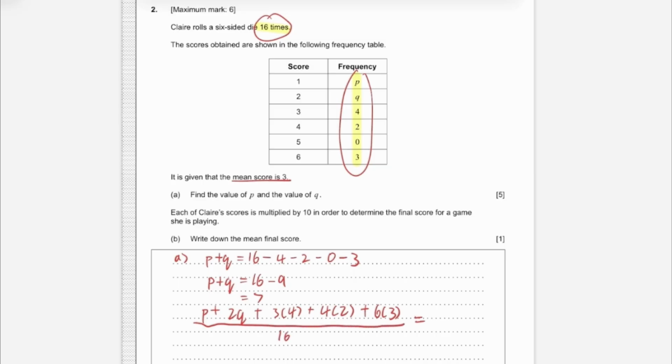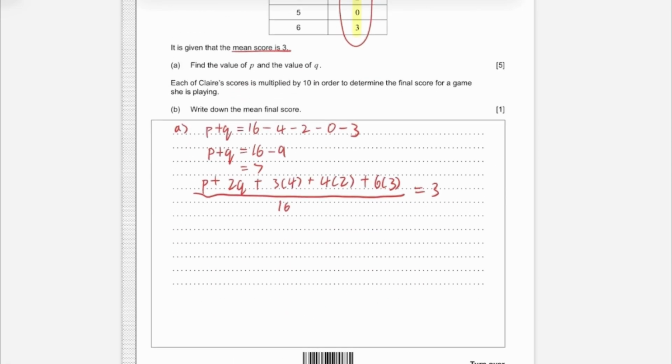And that would give the mean score, which is 3. And so after simplifying, we will get that P plus 2Q plus 12 plus 8 plus 18 equals 48.